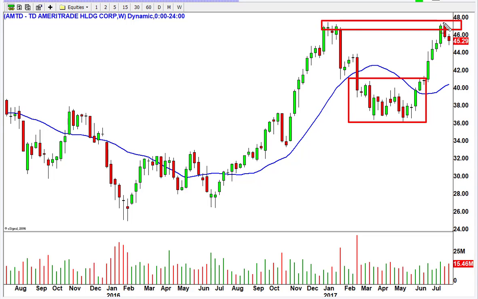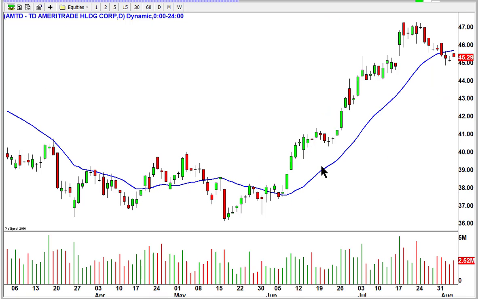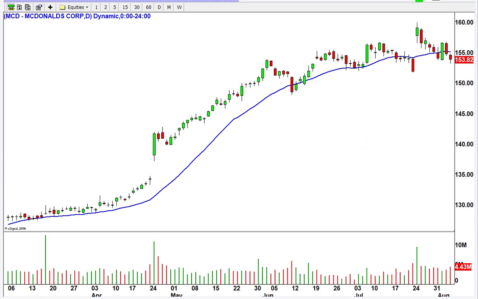And we do have a bit of a fluid move. It's really not extremely extended since it came out of a base, but it's retesting this high here. So it is interesting, a possibility. And the daily here is still in an uptrend. It's pulled back actually to a point where it might be able to turn back up again since it's into the gap fill.